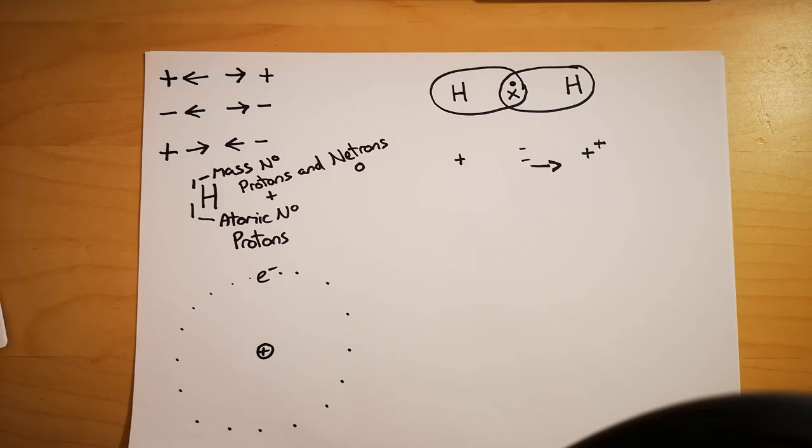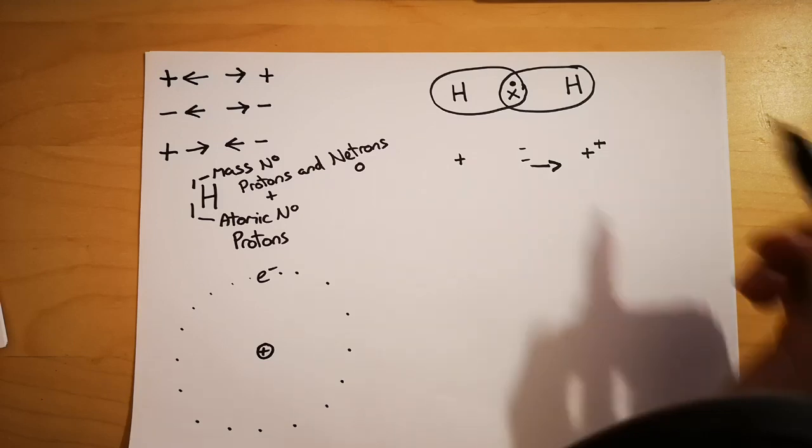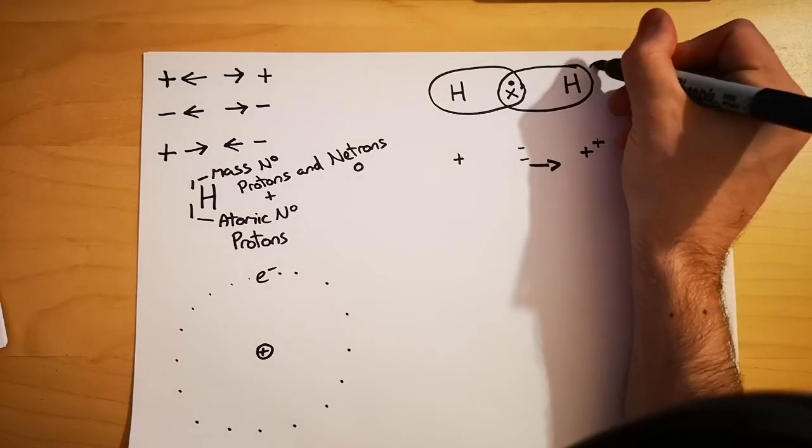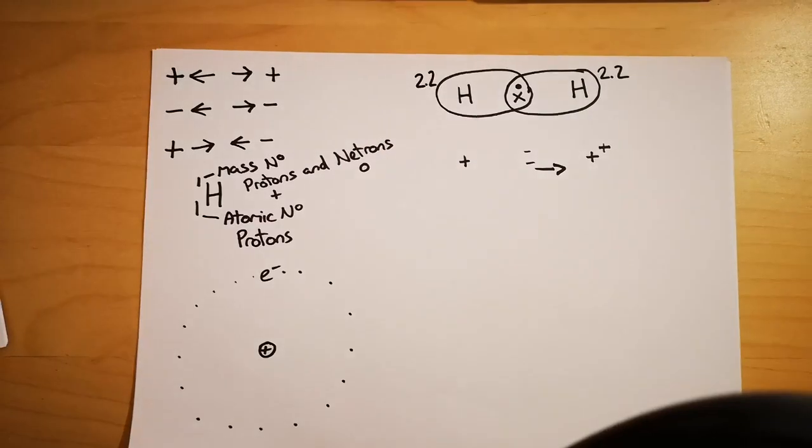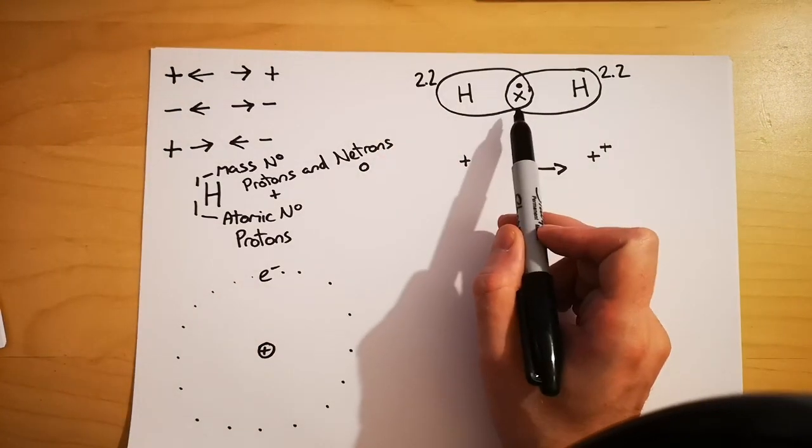Now, this all comes down to electronegativity. Hydrogen has an electronegativity of 2.2, and this one has an electronegativity of 2.2. You can think of this like strength at pulling electrons towards the nucleus. Because they're the same, the electrons sit in the middle.